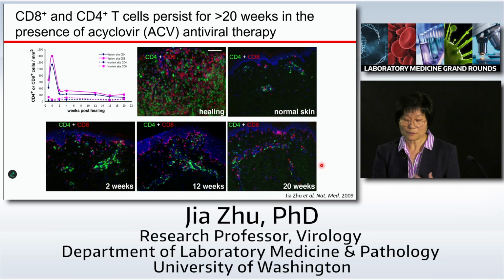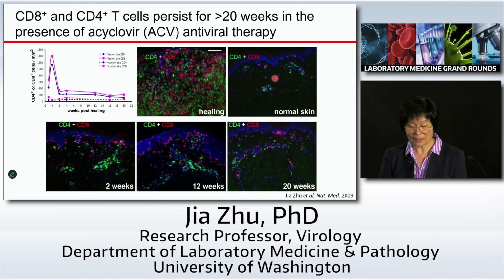But then we also further examined this T cell persistence in individuals during severe antiviral therapy. We found both CD4 and CD8 T cells persist in tissues for more than 20 weeks. That's how far we have examined.